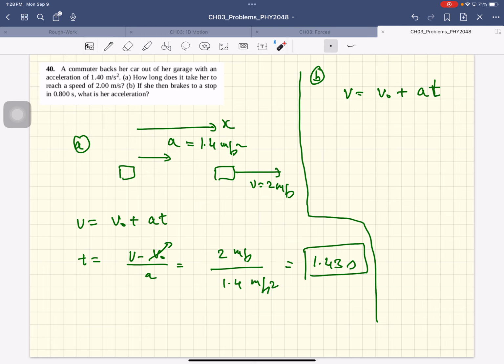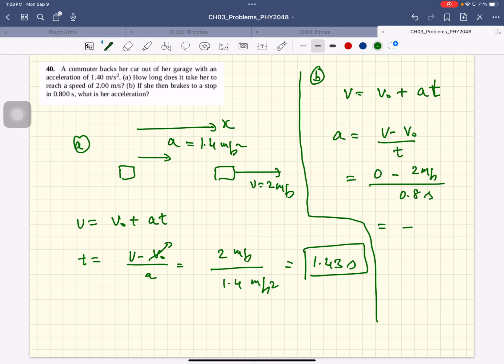This time they give you the final velocity. Your initial velocity is 2 meters per second, and they give you the stopping time, and you've got to calculate the acceleration. This time the final velocity is 0. The initial velocity was 2 meters per second, and the stopping time was 0.8 seconds.